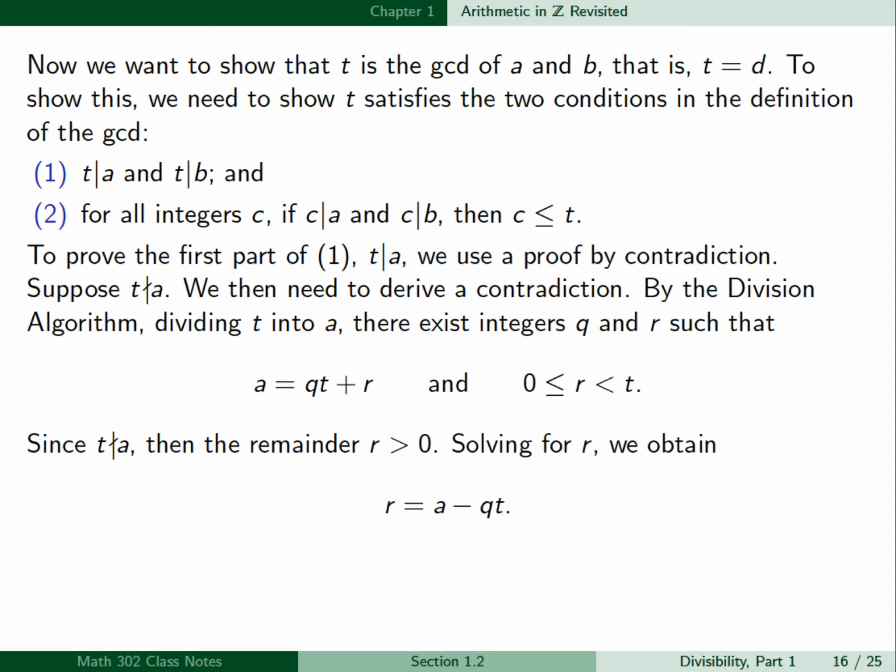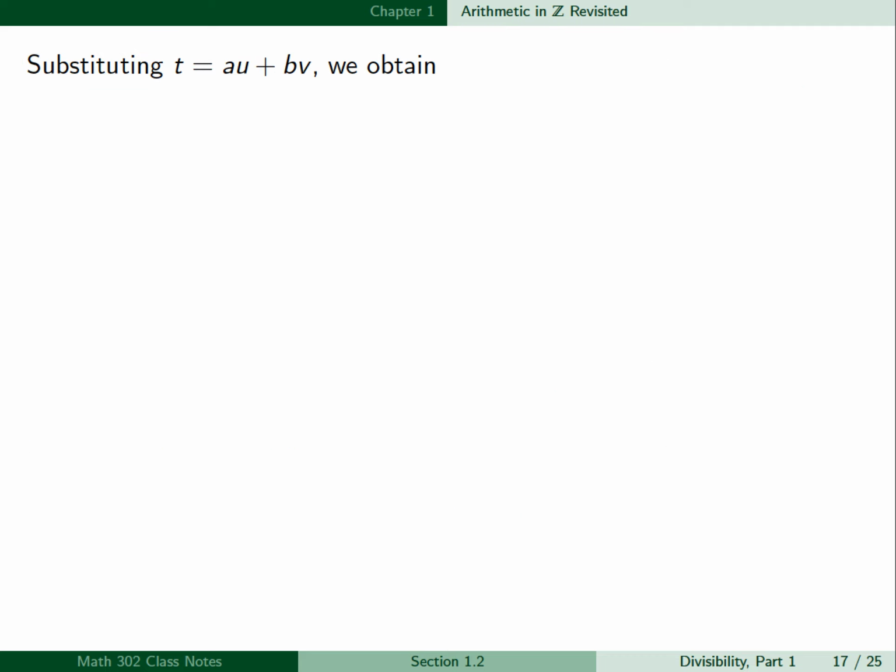Now solving for r, we obtain r is equal to a minus qt, and substituting t is equal to au plus bv, we obtain r is equal to a minus q times the quantity au plus bv. And we can rewrite this as a minus aqu minus bqv. And factoring an a out of the first two terms, this is a times the quantity 1 minus qu.